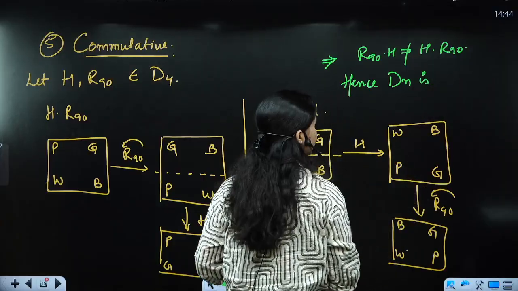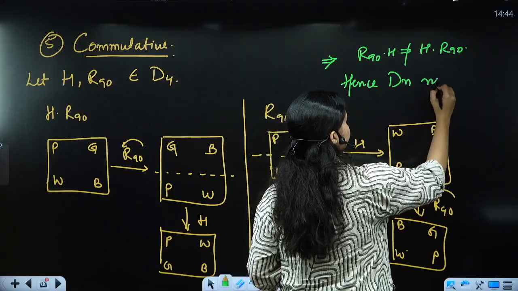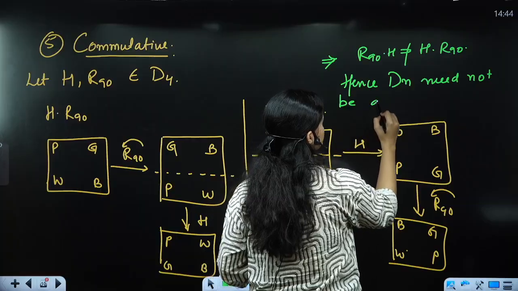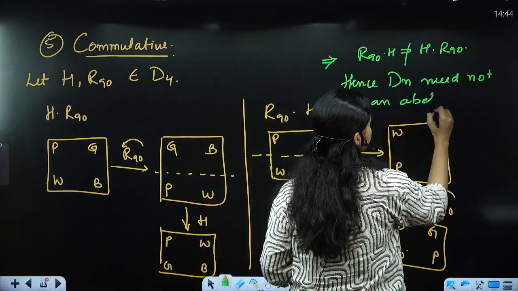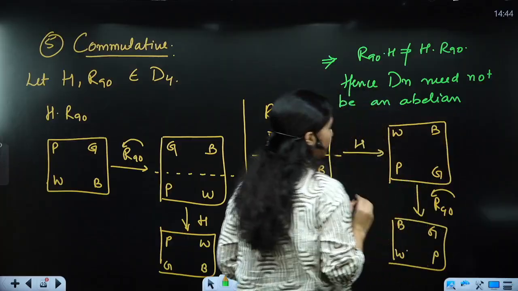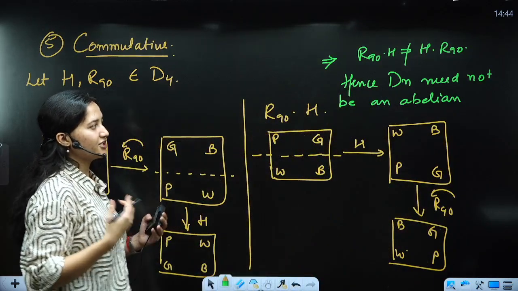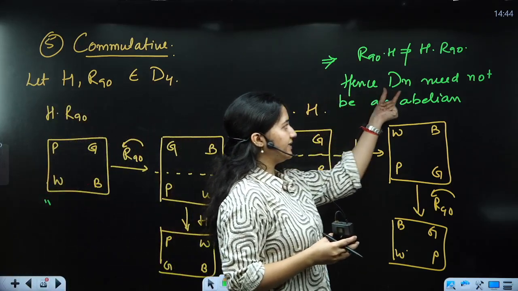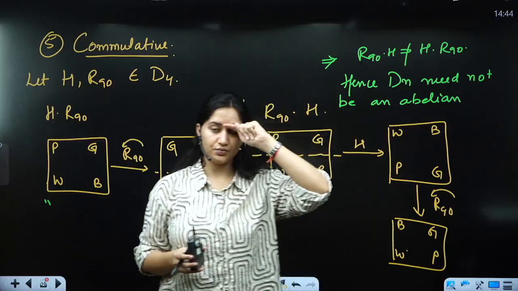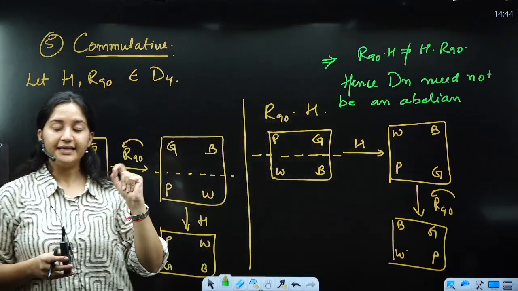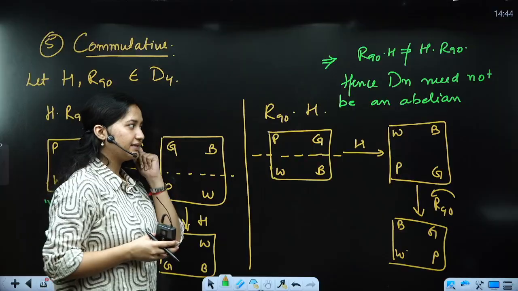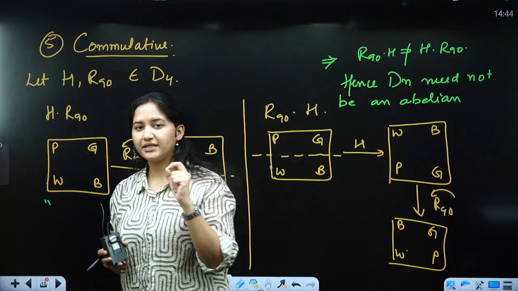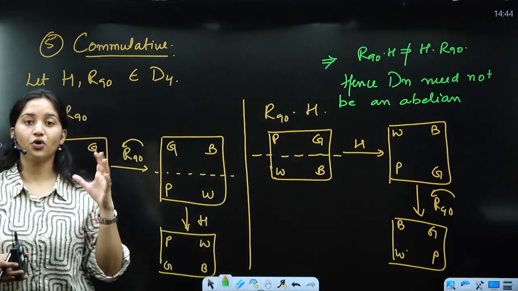Or you can write, अब दिमाग चलाने की बात है. Like why did I write that Dn need not be an abelian group? Dn need not be an abelian group means that in a generalized statement आप conclusive statement तभी दे सकते हो when it is true for all, right?